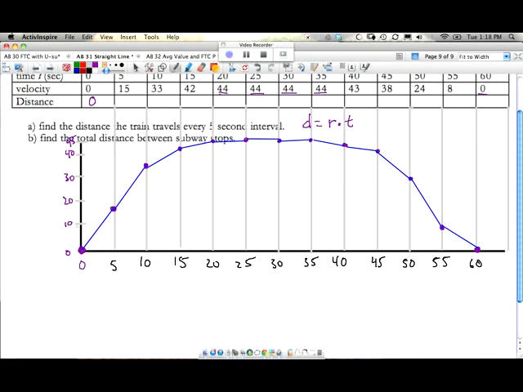So this first one is pretty much a triangle, with a base of 5 and a height here that goes up to 15. So that would be 5 times 15, or 75, divided by 2. For the next one, it's a trapezoid, so notice that we're going to have two heights. We have 15, and the next height is 33.